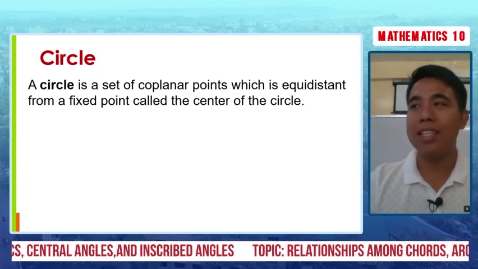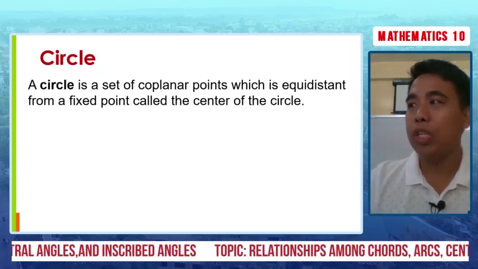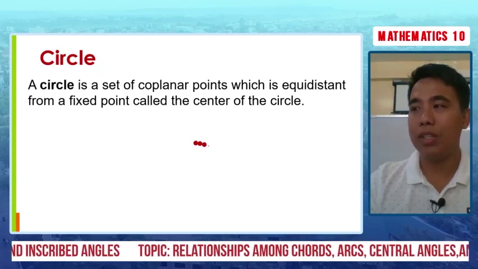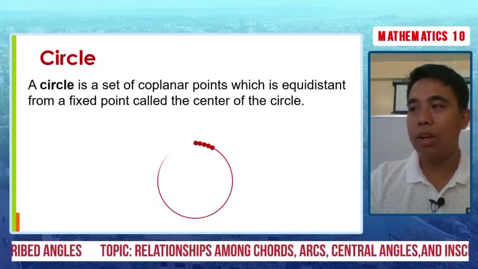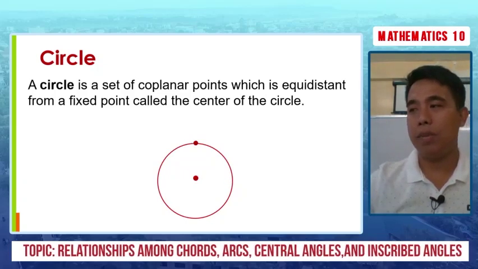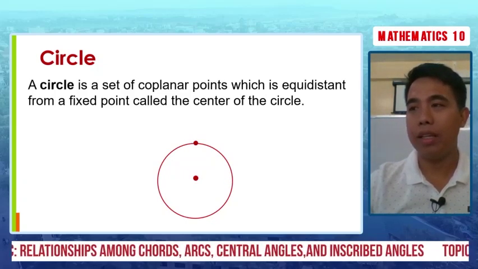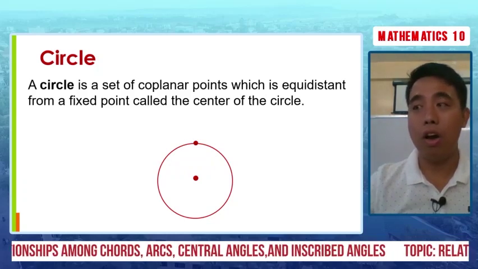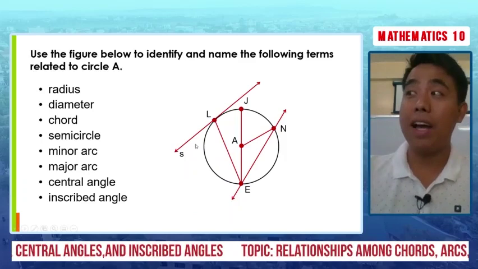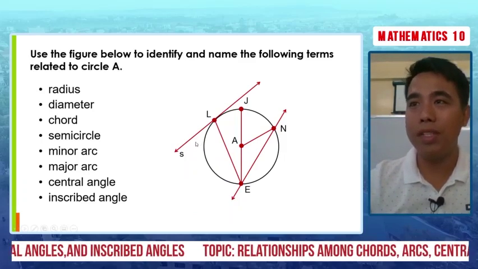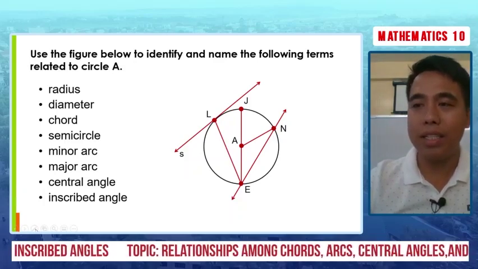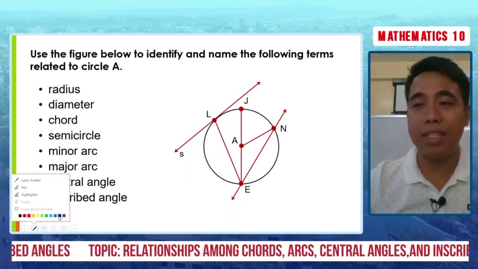So a circle is a set of coplanar points which is equidistant from a fixed point called the center. So in here, that is an example of a circle. Use the figure below to identify and name the following terms related to circle A. By the way, a circle is named based on its center.